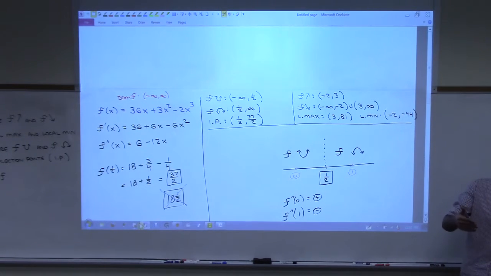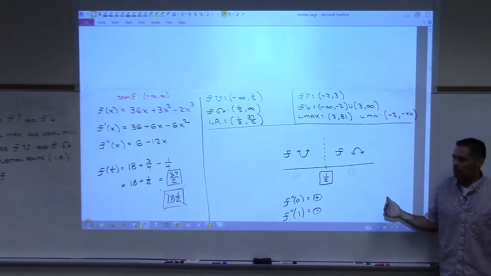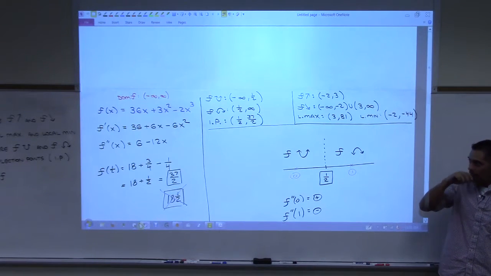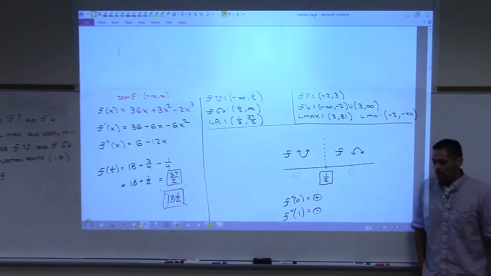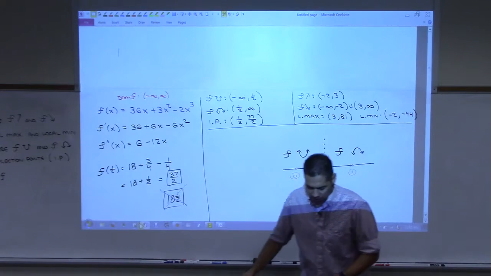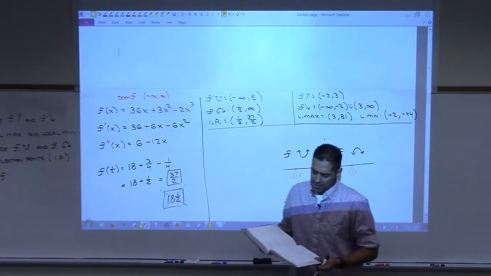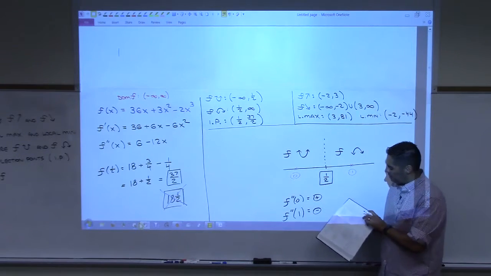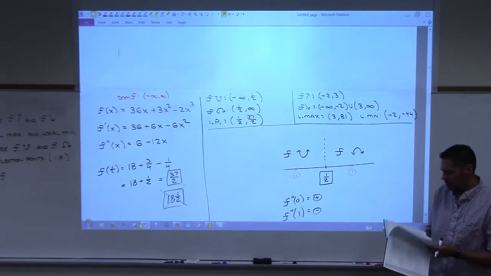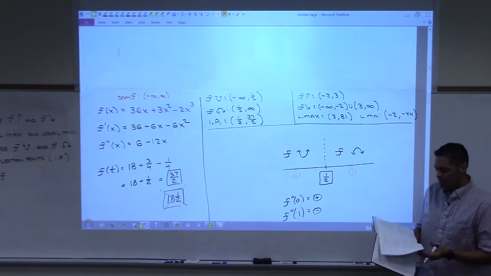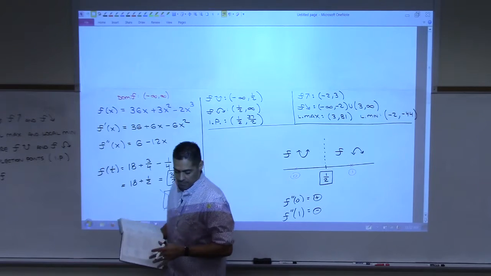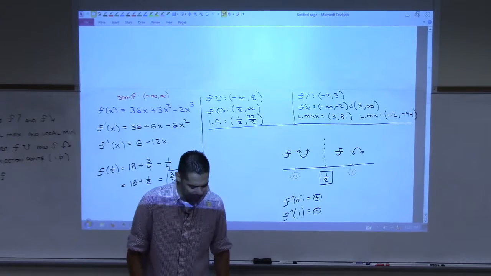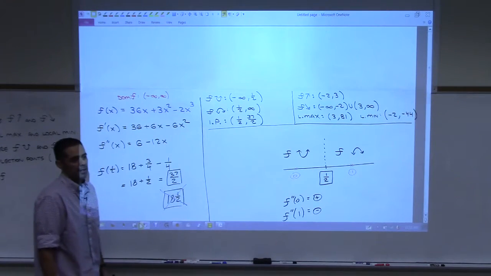When I was in your seat taking Cal 1, trying to learn how to sketch these using calculus, the book and my instructor would use something called a sign chart or a sign table, and it always confused me. As a student, I just didn't understand what in the world they were doing with it.